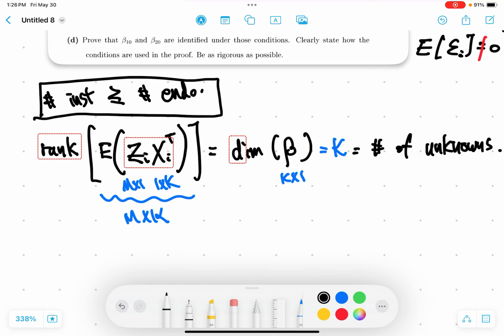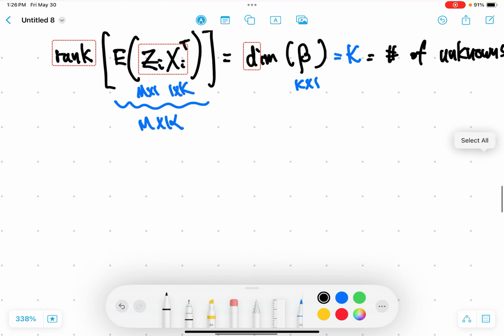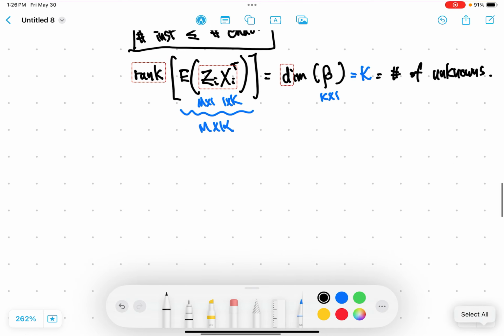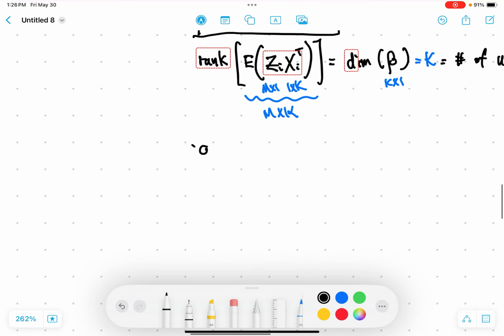Let's see what you wrote. Some of you wrote rank of zi xi transpose. So that is a notation error. This is still random. The expectation is not taken, so it is random.